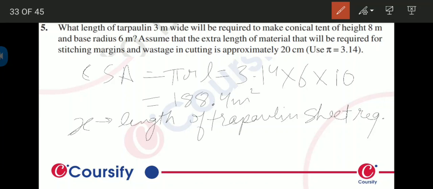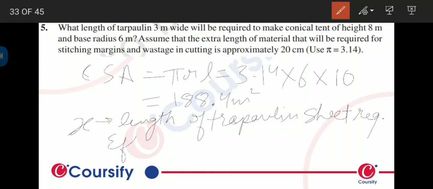As we have the stitching margin equal to 20 centimeter, our effective length means the length we will be using apart from the margin, which will be used in the main structure. So that is known as effective length.